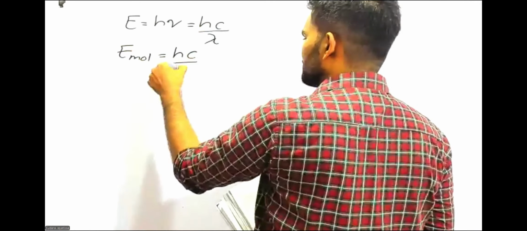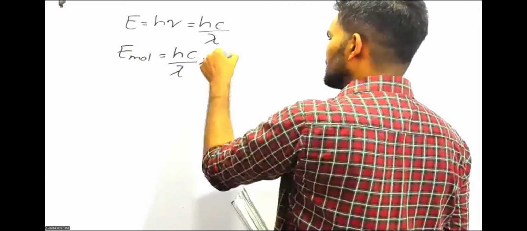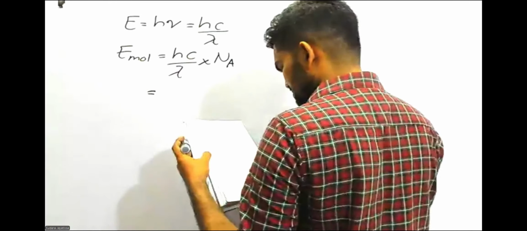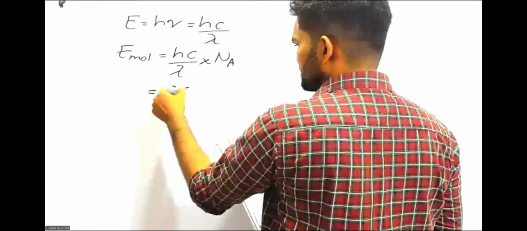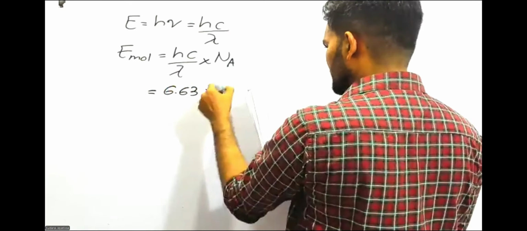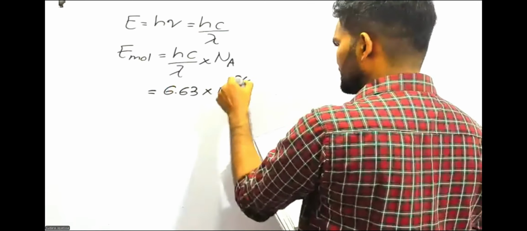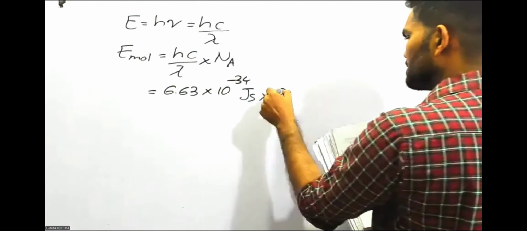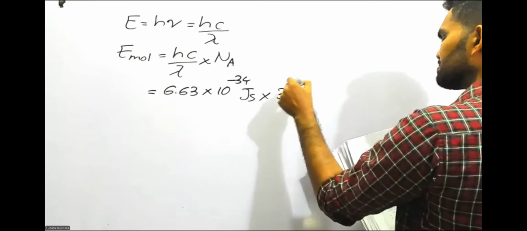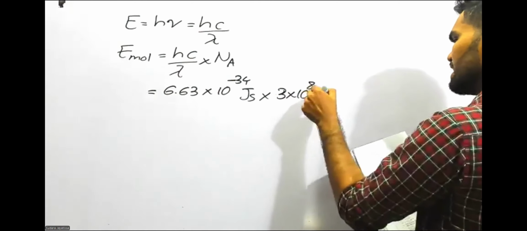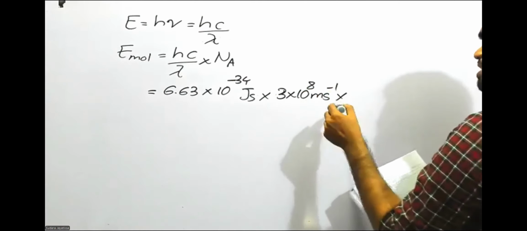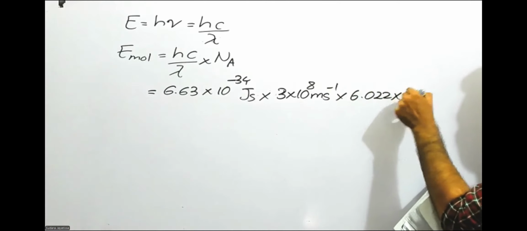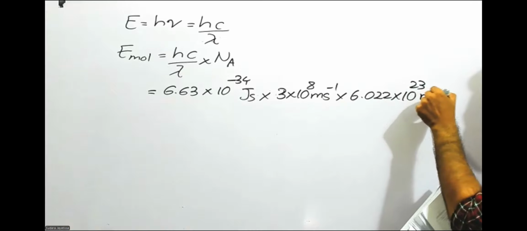Multiply energy of 1 photon by Avogadro constant. Right? And apply the values. 6.63, use the value they have given, 10 to the power minus 34 joule seconds. You must write units. When I show you the marking scheme, check there. 3 into 10 to the power 8 meters per second. And Avogadro constant is 6.022 into 10 to the power 23 per mole.